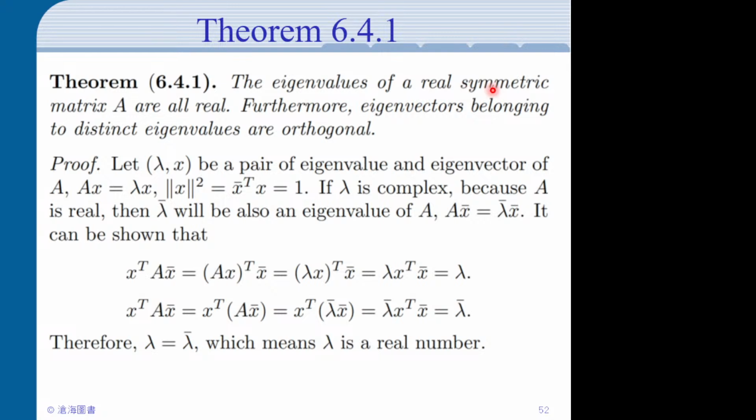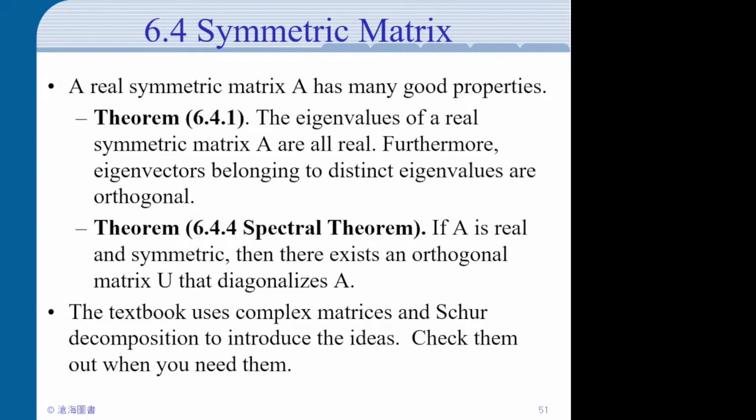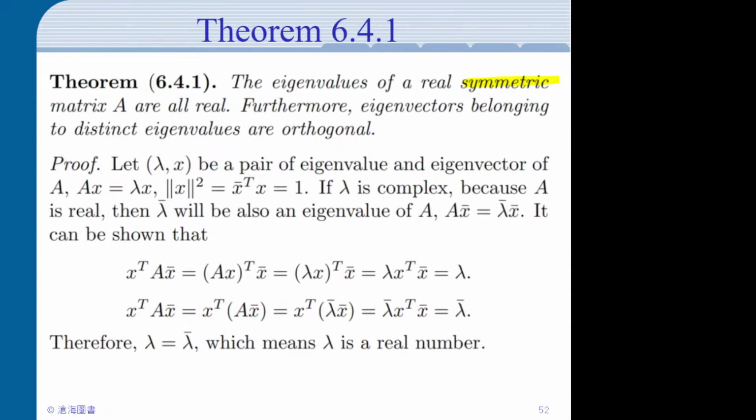So it says if your matrix is symmetric, the important part is symmetric here. I guess we are assuming real, so real symmetric. If you are real symmetric, then the eigenvalues are real.